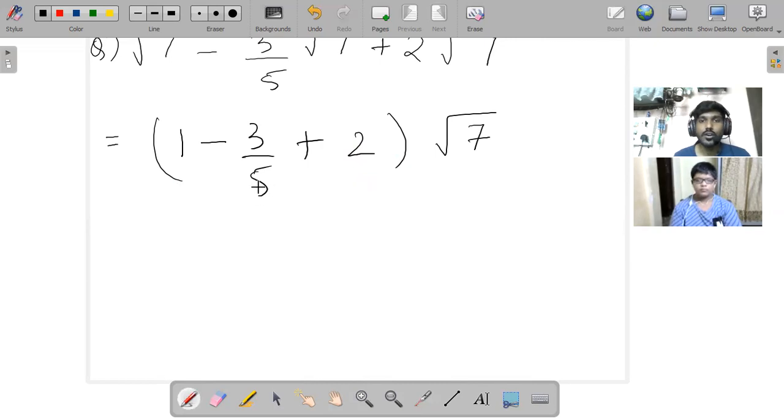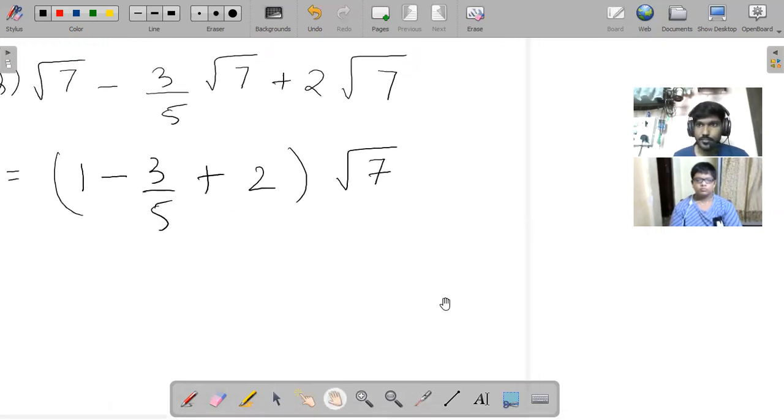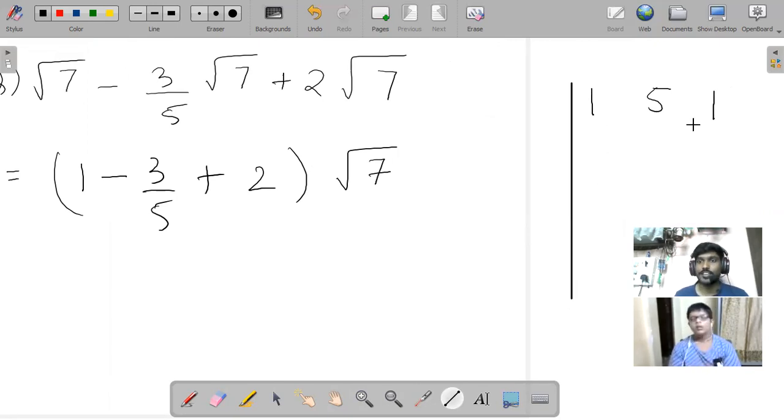Now, I'll just write it here. In the first term, the denominator is 1. In the second term, the denominator is 5. And in the last term, the denominator is 1. Now, you have to take common LCM. You have to find out the LCM of 1, 5, and 1.